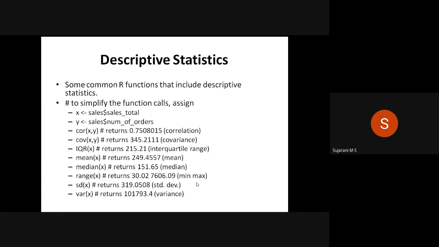Some common R functions for descriptive statistics are listed here with the help of an example. First, we assign x equal to sales$total. That means from our sales data, the sales total is assigned to a variable x and the number of orders is assigned to a variable y.